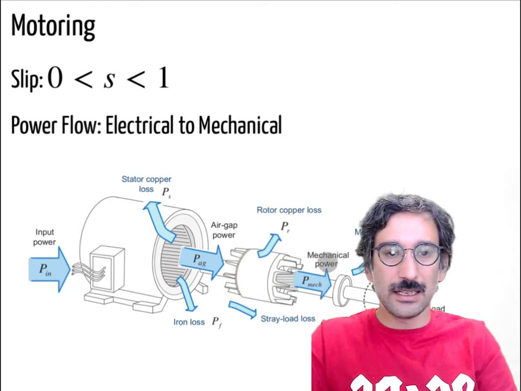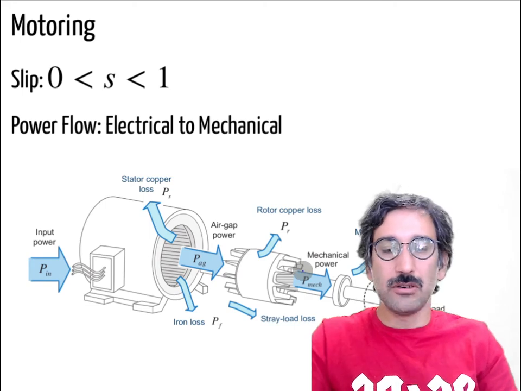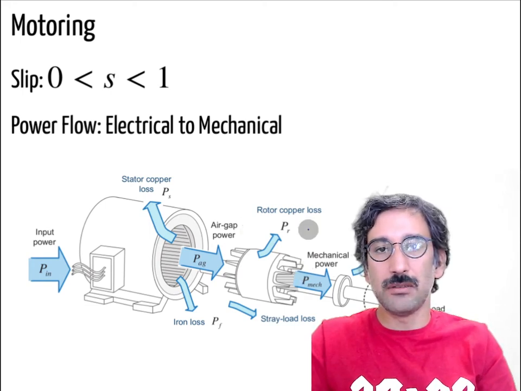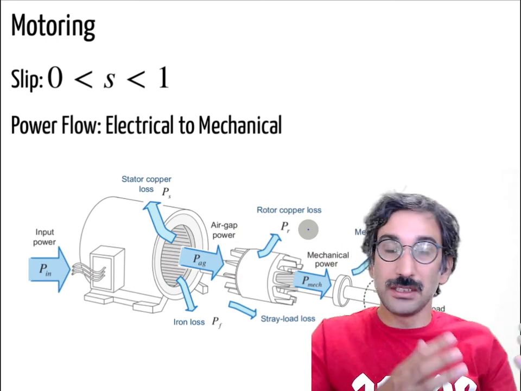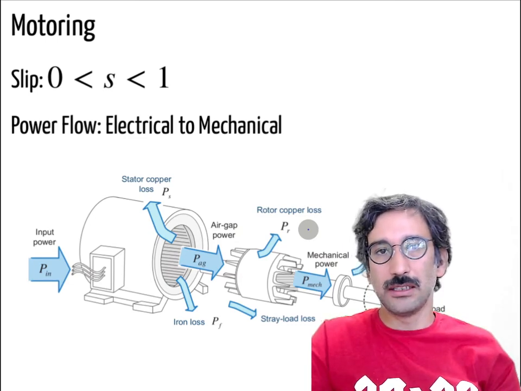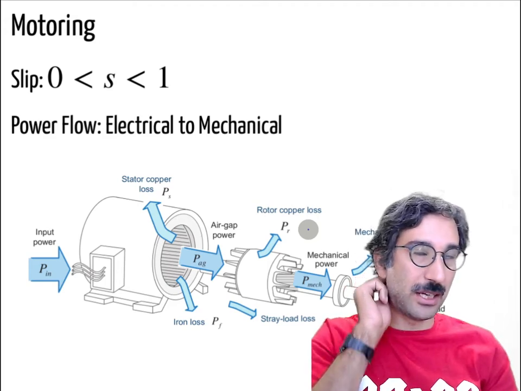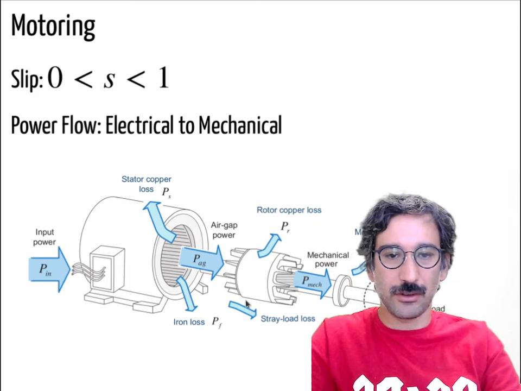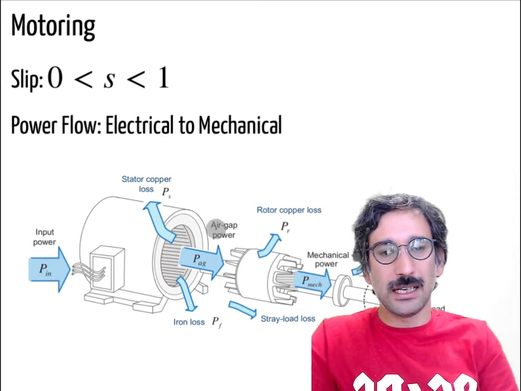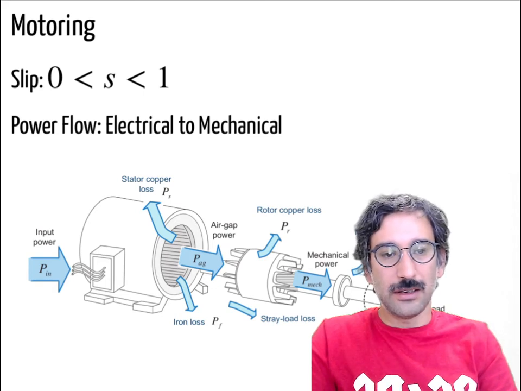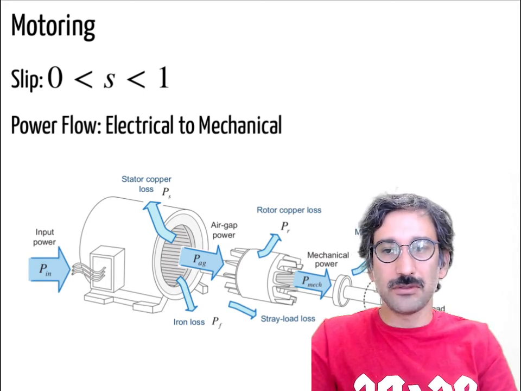Then in the equivalent circuit we have the mechanical power, which is the power dissipated in R2 prime times (1 minus S) over S. So then you have the mechanical output power. Then you will have the mechanical losses.